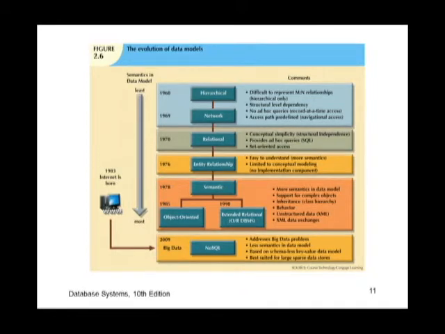In the late 70s and early 80s, we start into the object-oriented databases, the Oracles, the DB2s, the huge database engines now come into their maturity, and those are the engines that we're still using today.